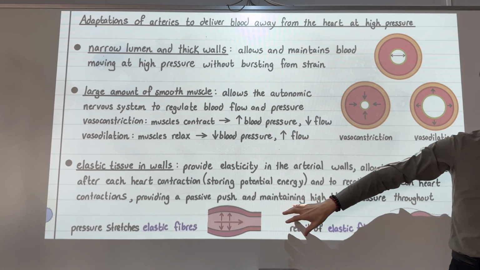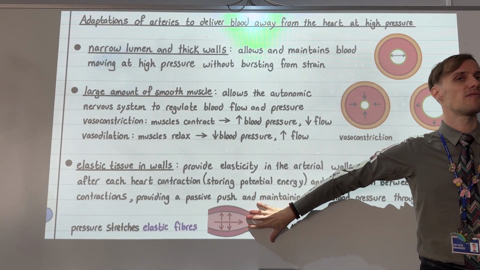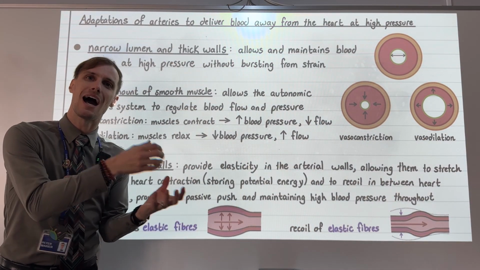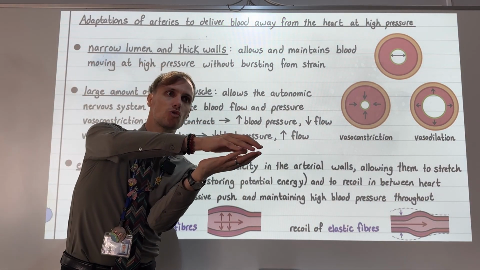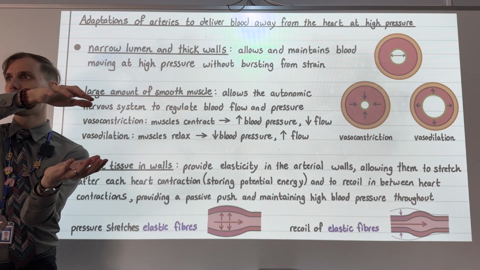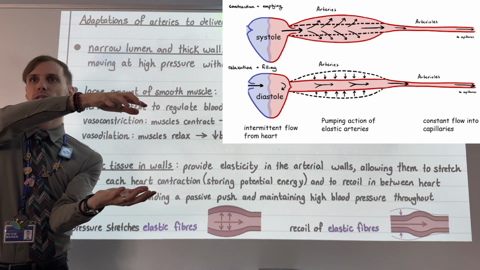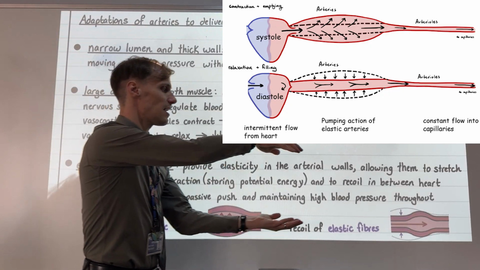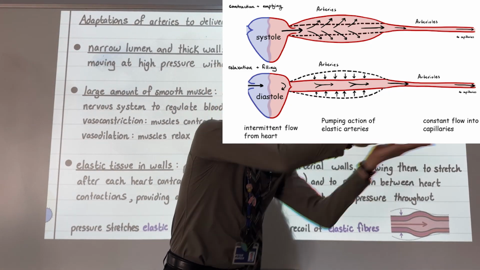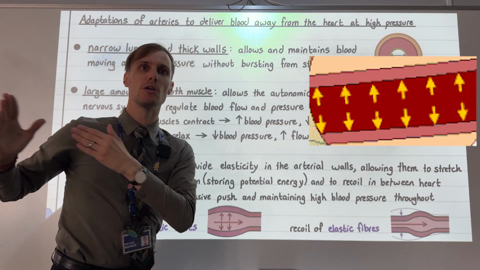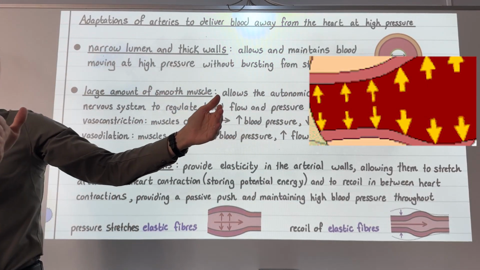Well, we can do the same thing with your blood vessels. As pressure is really high in the arteries, it stretches the artery, causing tension, causing an increase in elastic potential energy, and then that recoil will push the blood through. So it's almost like a rebound pushing blood through this way.